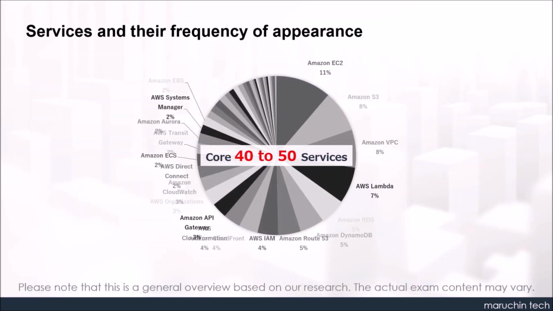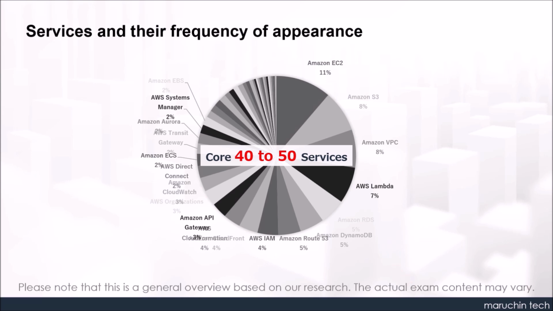And based on our own research, about 40 to 50 services appear in a single exam set. Moreover, many of these services repeatedly appear in every exam. For example, services like EC2, S3, VPC, Lambda, RDS, and DynamoDB are repeatedly tested.